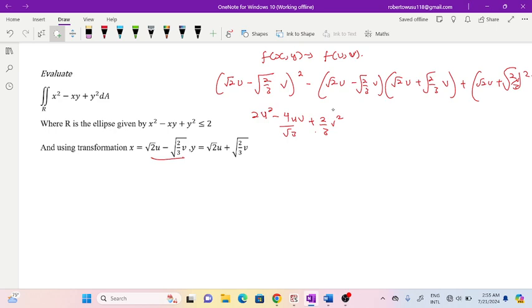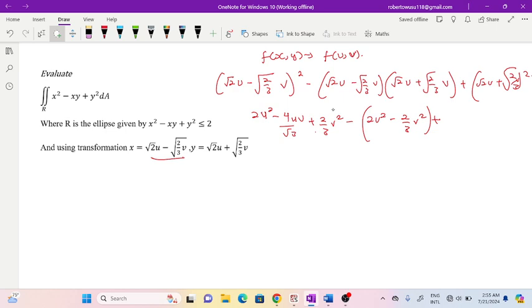Minus the expression, this difference of squares, you have 2u squared, then minus 2 over 3 squared, as simple as that. Then plus, so this is exactly this, but now it's plus, so I'll have 2u squared plus 4uv over 3, then plus 2 over 3.